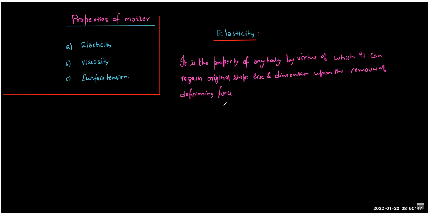But the idea is that elasticity means the ability to regain shape after the removal of the deforming force. Now, if I ask you the reverse question, which of the two can withstand greater force, the wire or the rubber band?